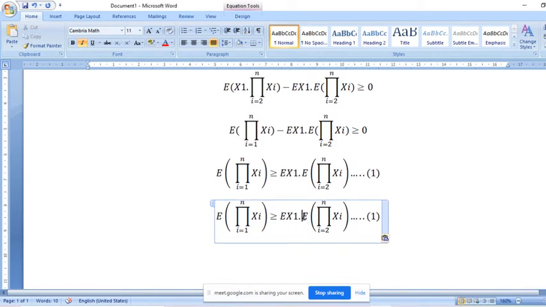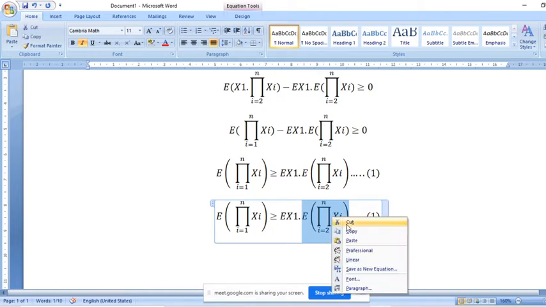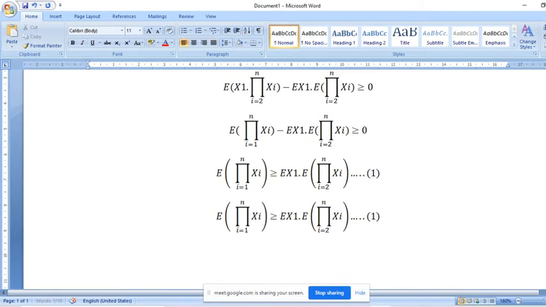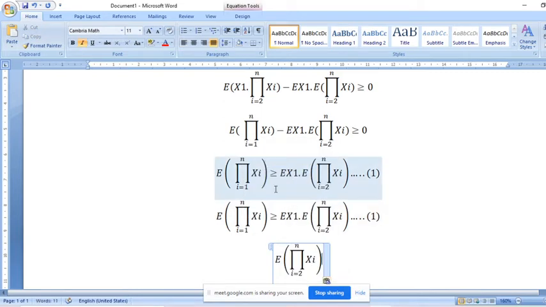Instead of this one we can write another formula. That means this will be greater than or equal to, using equation number 1, which we can call 2.